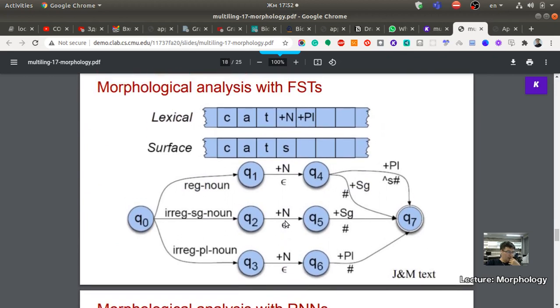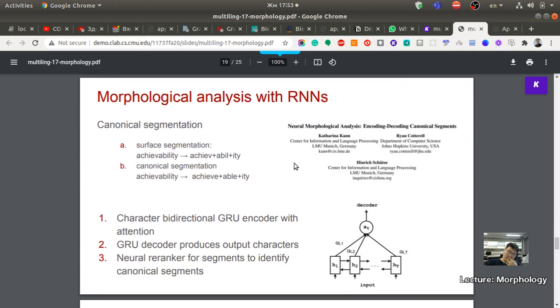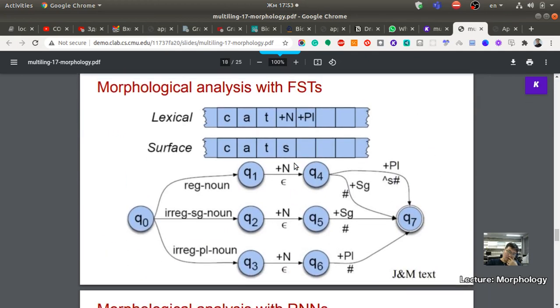Then finite state transducers: you have this surface word, the finite state automaton starts with this, it has this type of data, and it tries to find out what its form is.